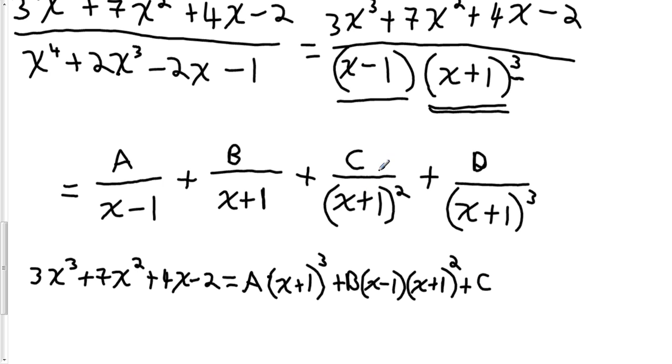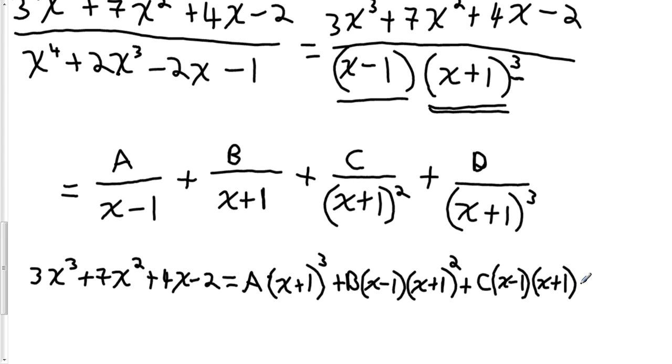And then c, the term that has c for the numerator. In this case, two of the x plus 1 factors will cancel, and I'm going to be left with a single factor of x plus 1 with the factor of x minus 1. So I still have the x minus 1 factor, but now I only have one factor of x plus 1.